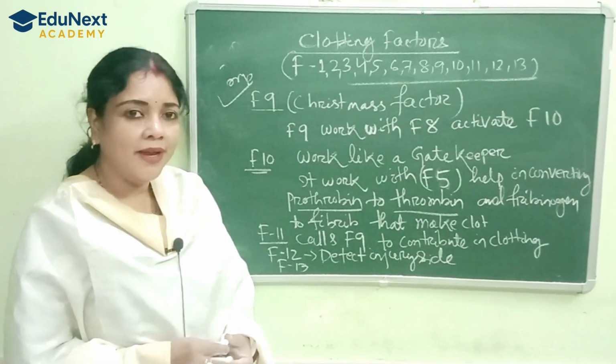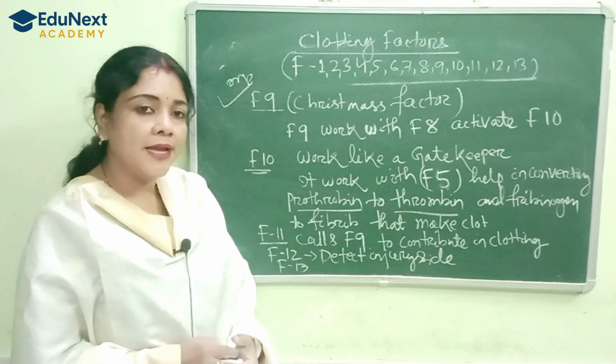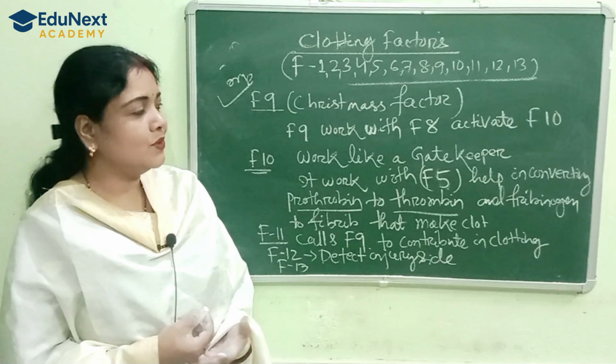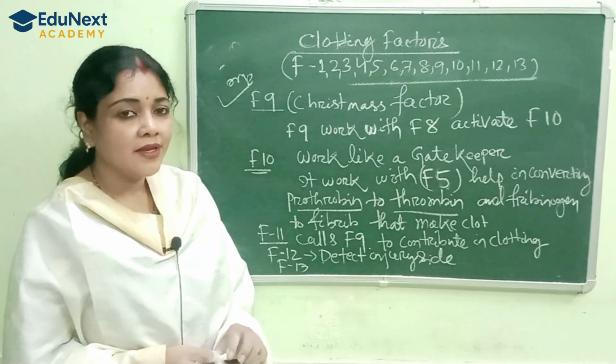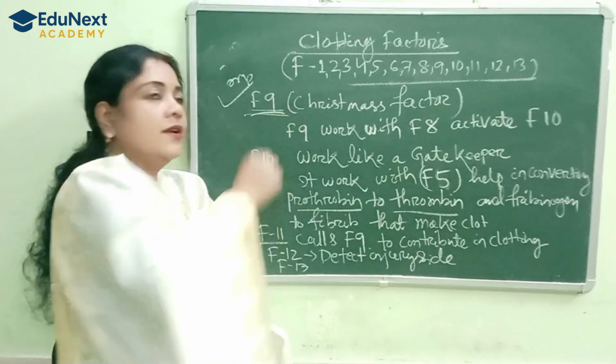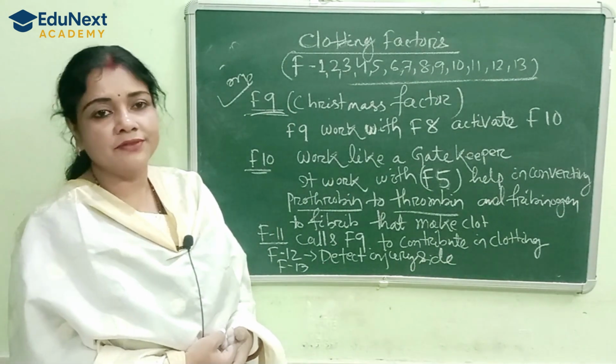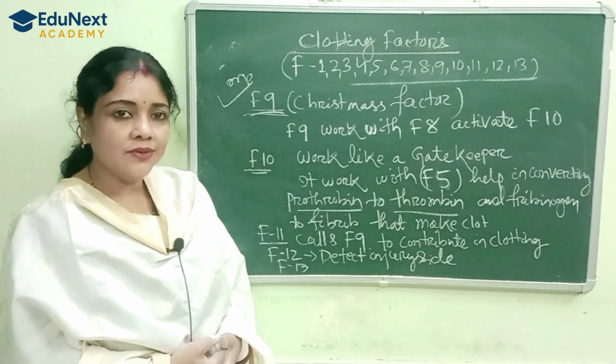Now, clotting factor 9 is very important, and it is also known as the Christmas factor. Do you know why it is known as the Christmas factor? This particular clotting factor was found for the first time in a person whose name was Stephen Christmas. So that's why it is known as the Christmas factor.